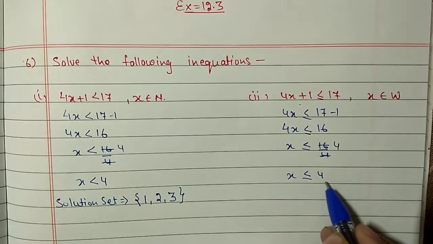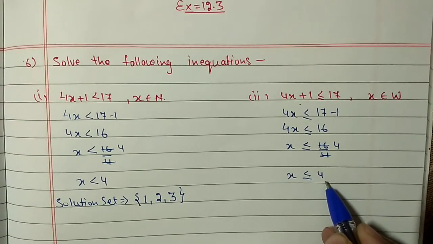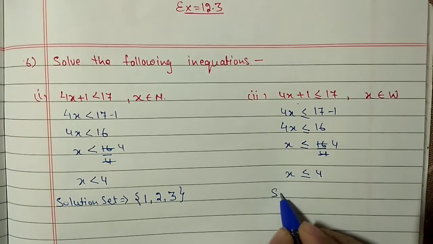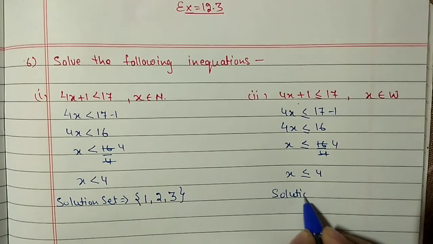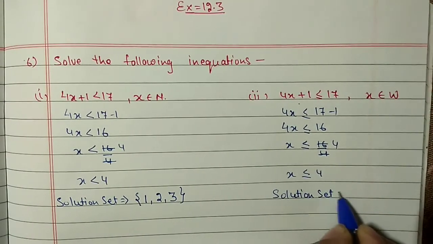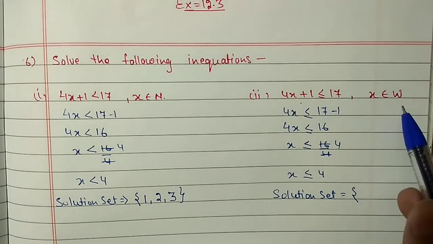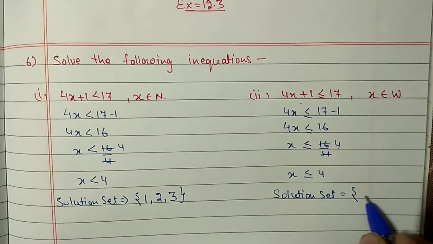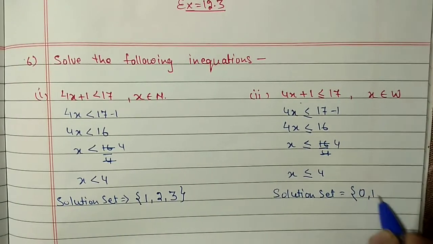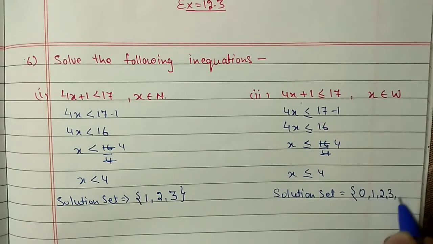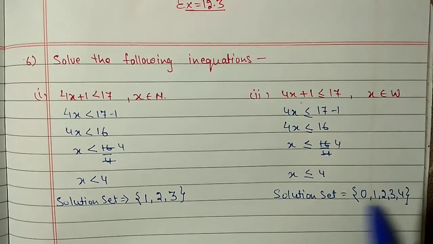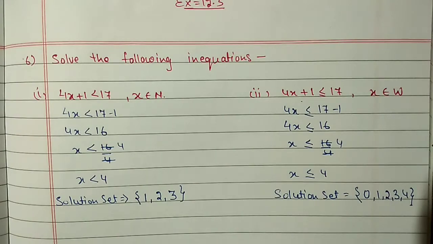Here less than equal to is there, it means 4 also we have to consider. So solution set and replacement set is given whole number. Whole number we start from 0. So we will start from 0, 1, 2, 3 and 4. We will take 4 also because equal to symbol is there.